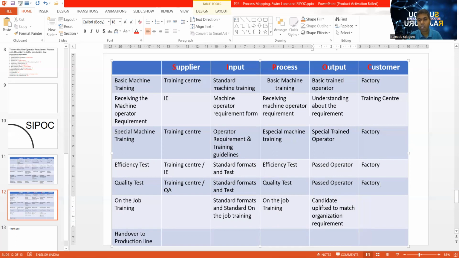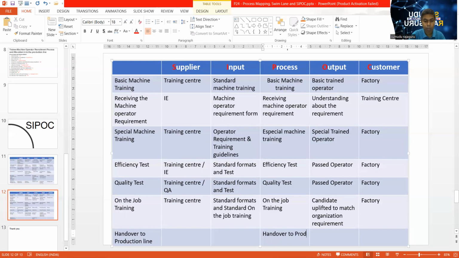Then who are the customer? Factory. Then who are the supplier? During the on-the-job training, the person going to the on-the-job training is supplied by the training center.